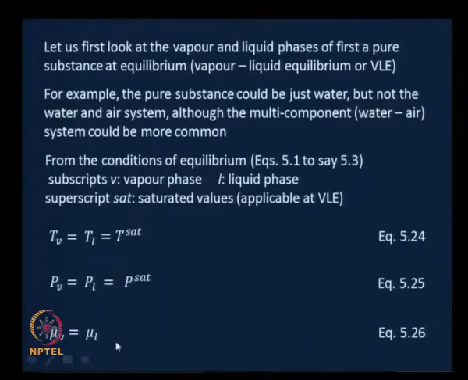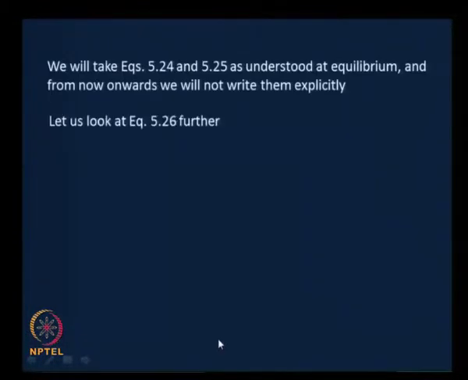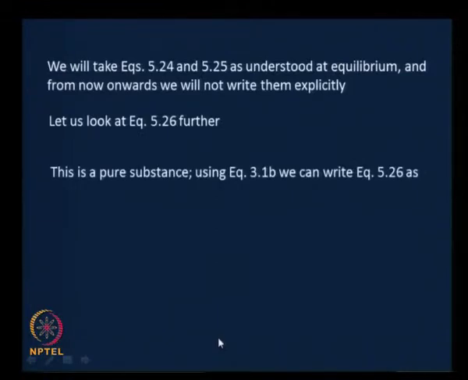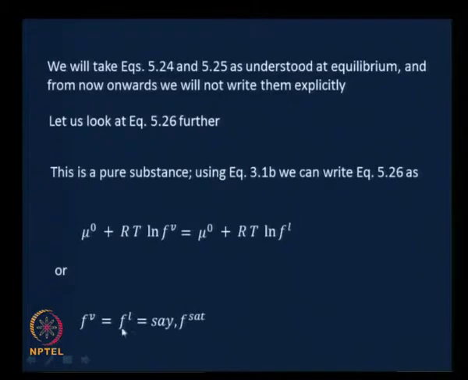We looked at this particular equation further, and using the expansions or the definitions of the chemical potential in terms of fugacity that we had developed in module 3, we wrote mu naught plus RT ln Fv for mu V equals mu naught plus RT ln Fl for mu L, and we could see that the fugacities are equal for the pure substance in the vapor phase and the liquid phase.